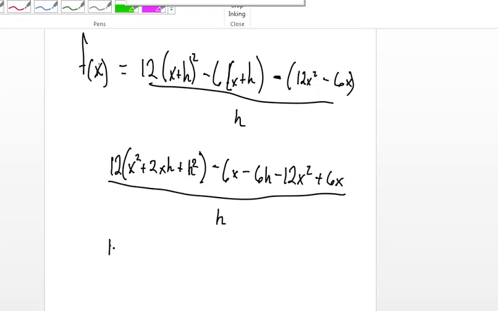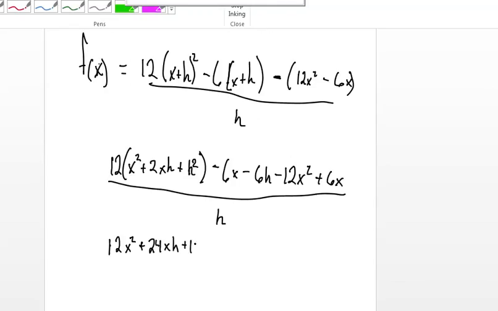Now I'm going to go ahead and simplify some of this. 12x squared plus 24, let's fix that, 24xh. And so instead of h, sometimes we use the delta sign as well.